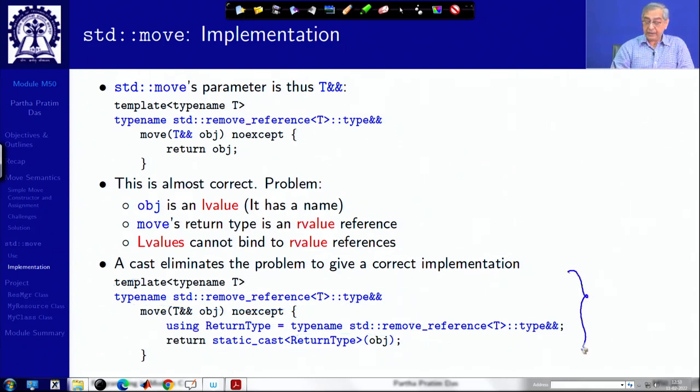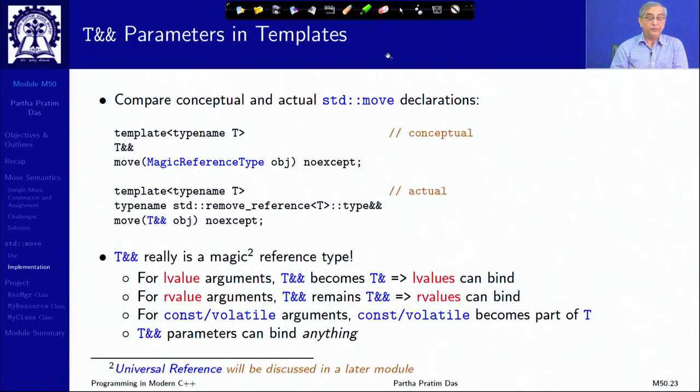So, you can see that it needed some explanation of the mechanism that goes behind std::move to understand, but this is exactly what the std::move function looks like, which is a 5-line function which enables you to implement the move semantics in a very, very beautiful way.